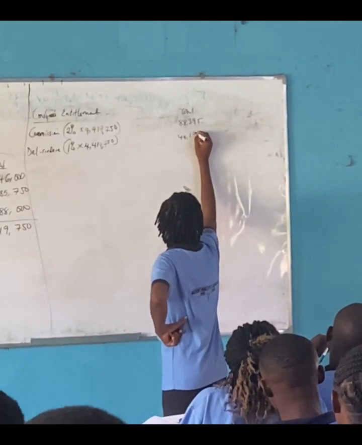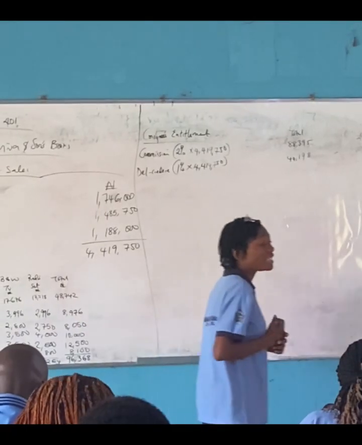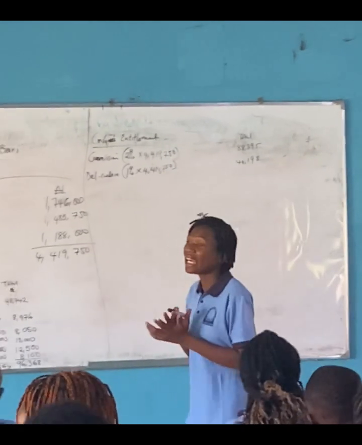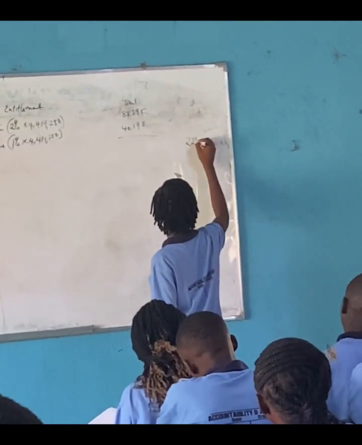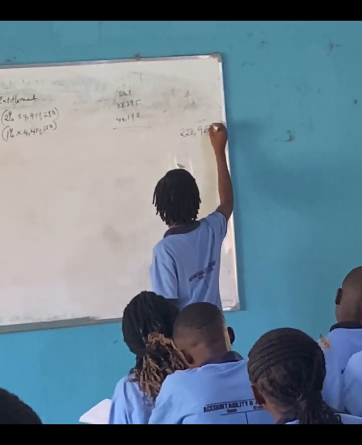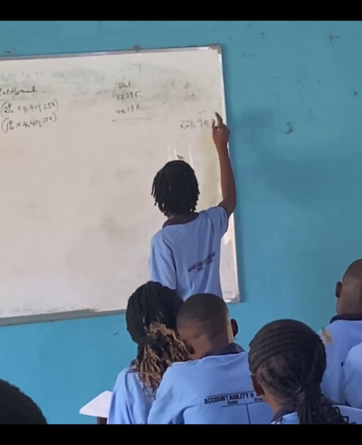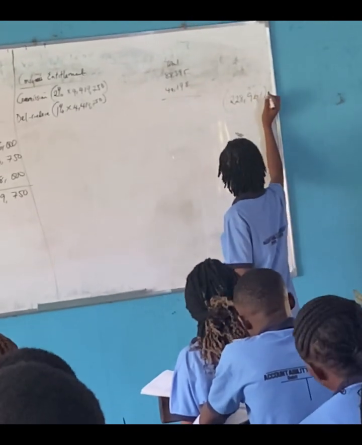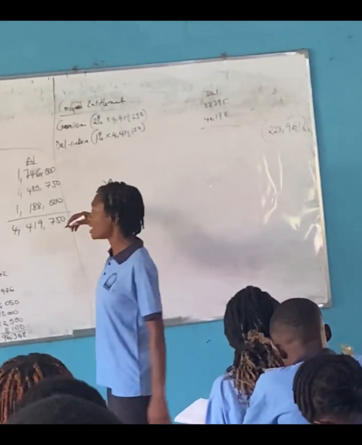41,998. All, like I said, these are all the expenses of the agent. Yes. It's correct, right? Yes. So this is your total expense.